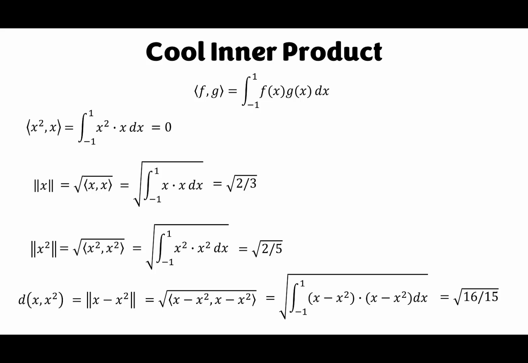And so that's the generalized idea of distance here between x and x squared using this particular inner product. So there are examples of working with the generalized concepts of orthogonality, length, and distance between two things in our vector space using this generalized inner product that we derived from the idea of a dot product. All right, well, that's it for this video. Thank you.